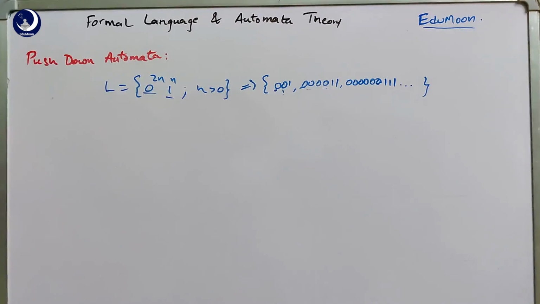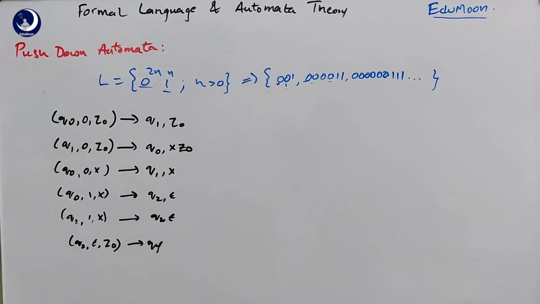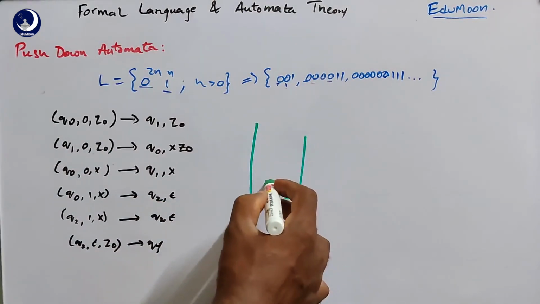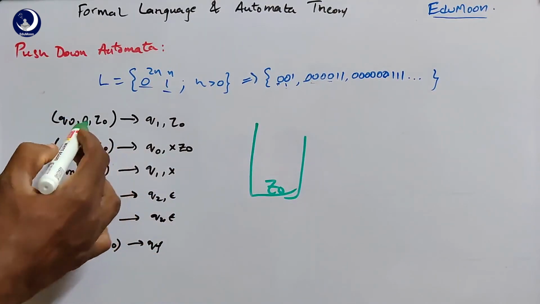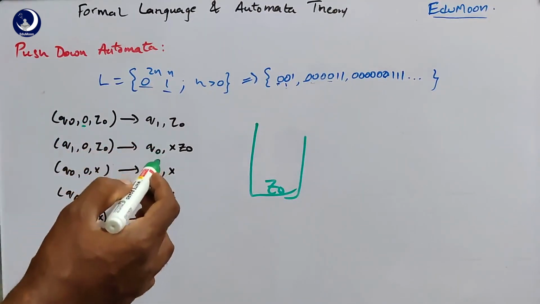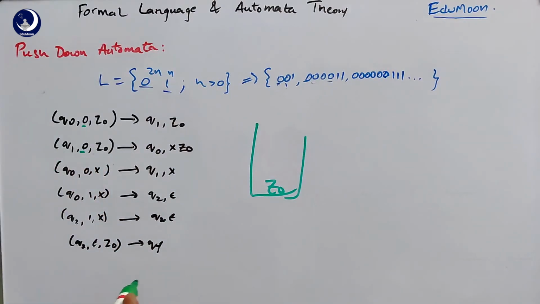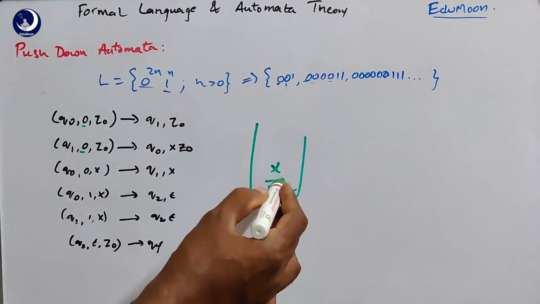So we follow the first method where we push only a single 0 for 2 zeros. That is, the first 0 will be idle, and for the second 0 we push an element into the stack. So these are the production rules for the given language, L equal to 0 power 2n and 1 power n. For the first 0, when the stack contains Z0, we don't do any operation, we simply go to the next state Q1, and in Q1 state for the second 0, the even zero, we push X into the stack and come back to Q0 state.